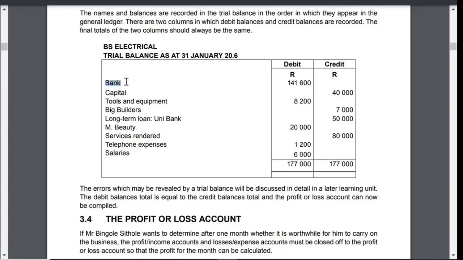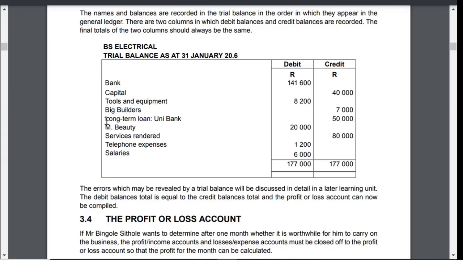Bank is an asset. What type of asset? Current asset. Capital is equity. Tools and equipment is an asset. What type of asset? Non-current asset. Big Builders is a liability. What type of liability?